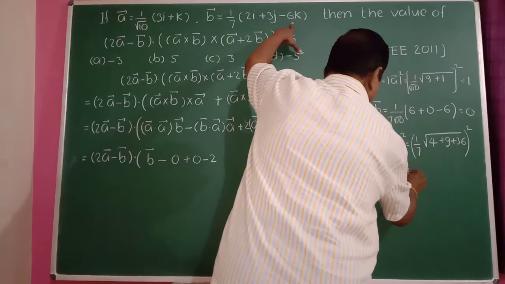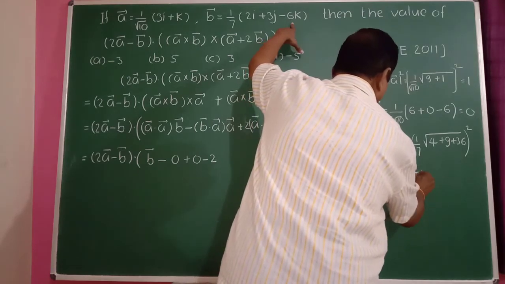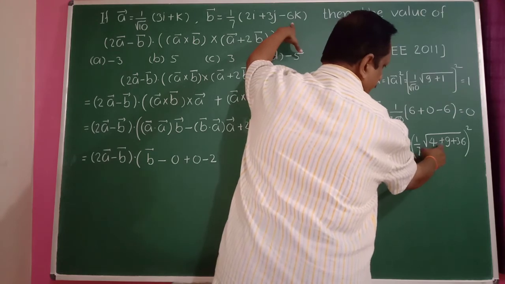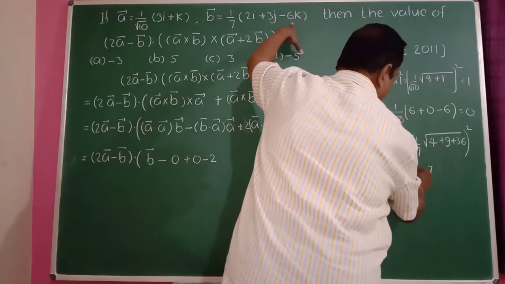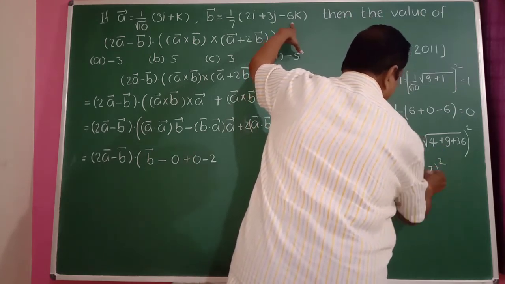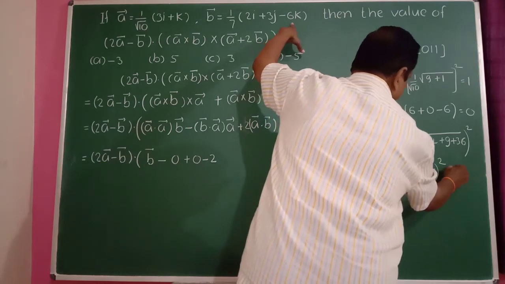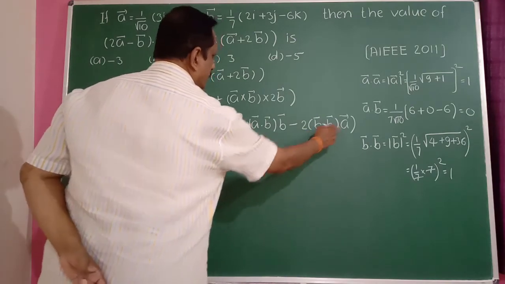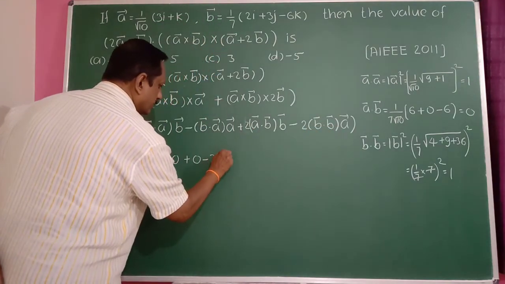Therefore this is equal to 1 upon 7 into, so 36 plus 4 is 40, plus 9 is 49. Square root of 49 is 7, it's a square here. So 7 and 7 cancel. Remaining is 1, and 1 square is 1 only. Therefore this becomes 1, and 1 into a bar is a bar here.